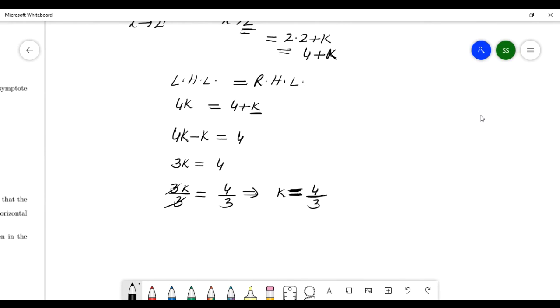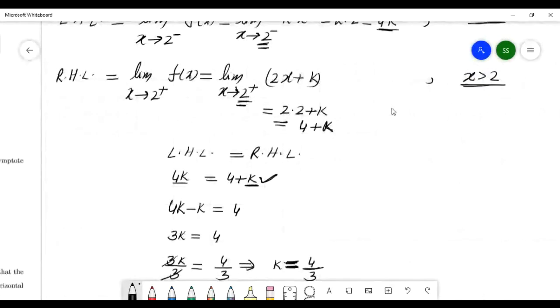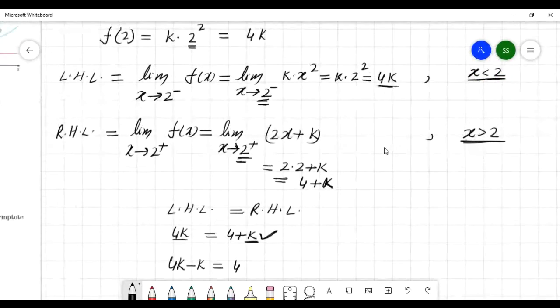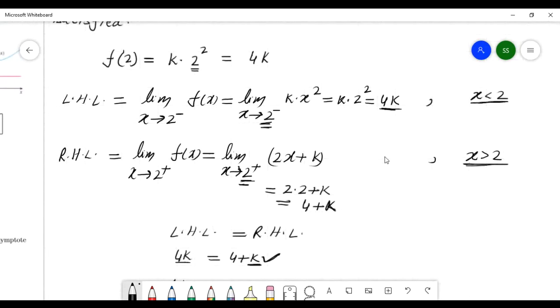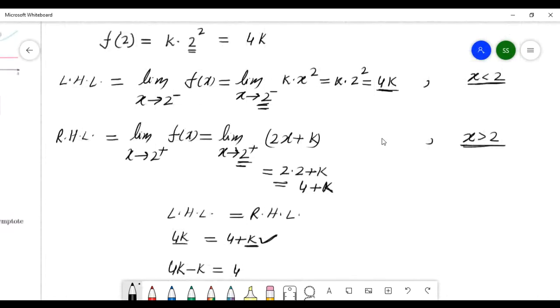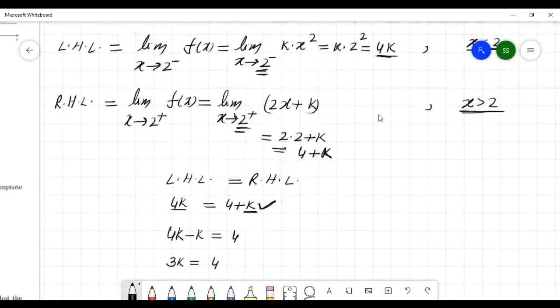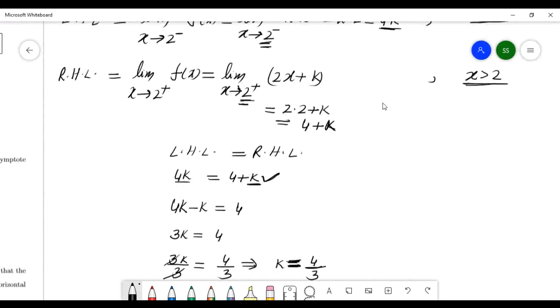Look here. Here we have 4k. Take this k to the left hand side.